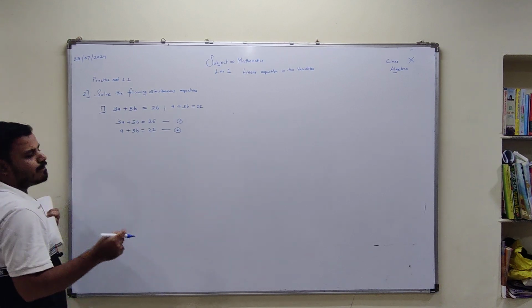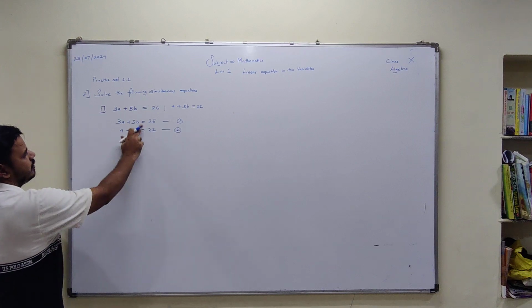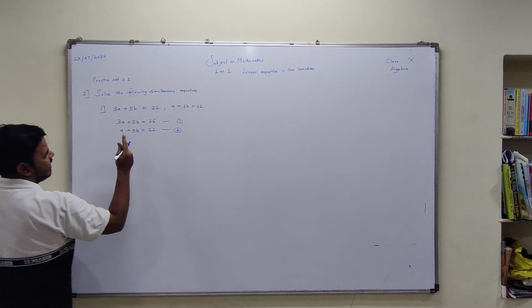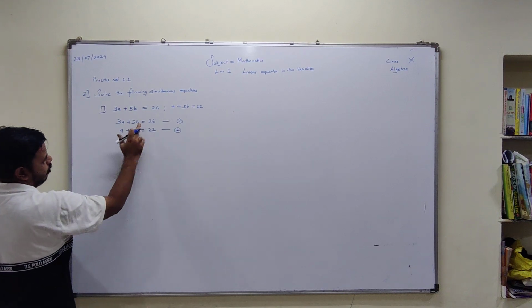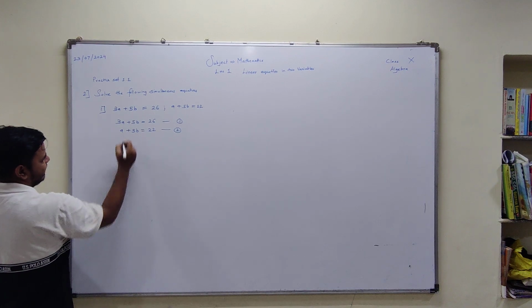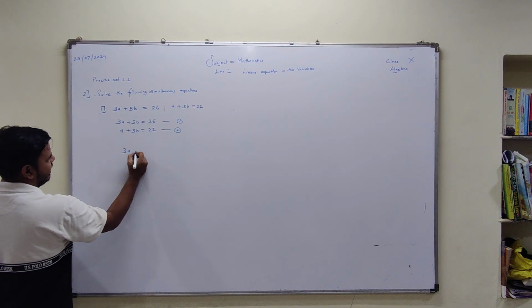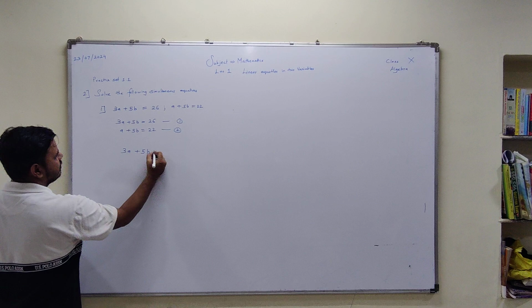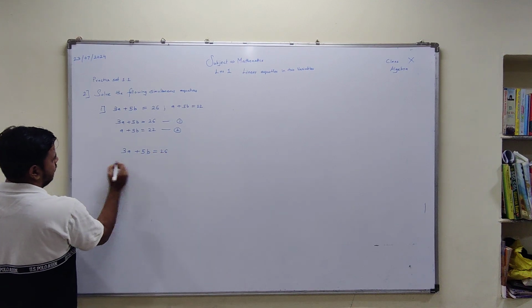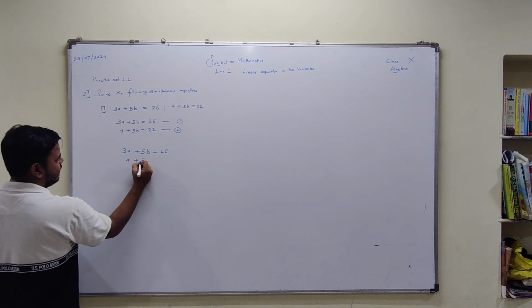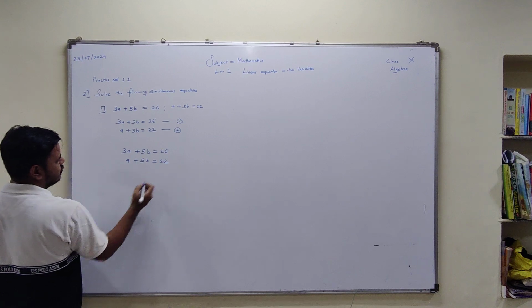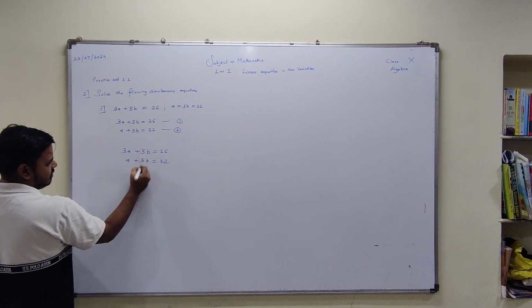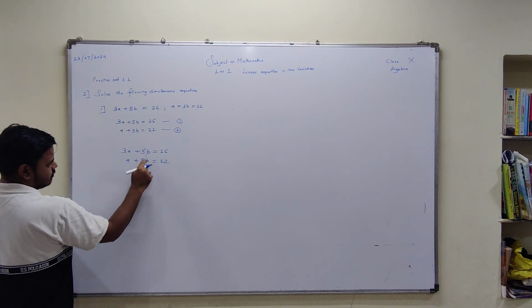We will just simply subtract equation 2 from equation 1, so that we cancel out either a or b. So we write 3a plus 5b is equal to 26, a plus 5b is equal to 22.